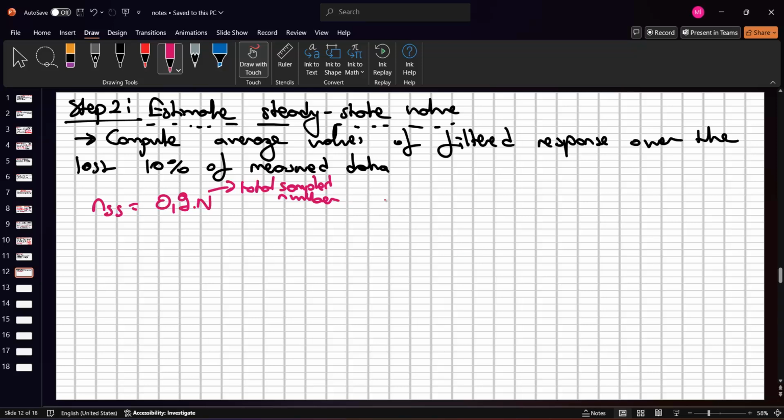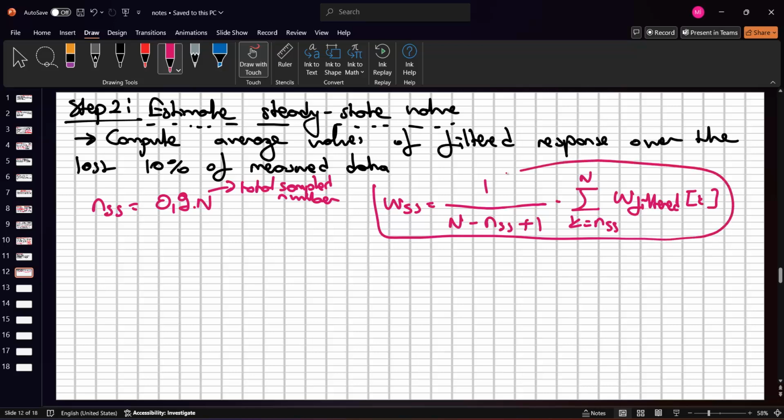Okay, so W_ss can be built as 1 divided by (N minus N_ss plus 1) times the sum of W filtered k, with k running from N_ss to N, where N_ss equals 0.9 N. So the steady state value from the graph can be calculated based on these parameters.